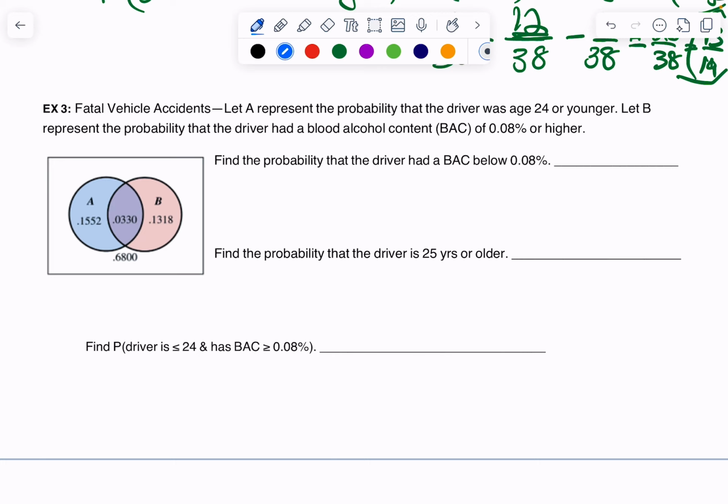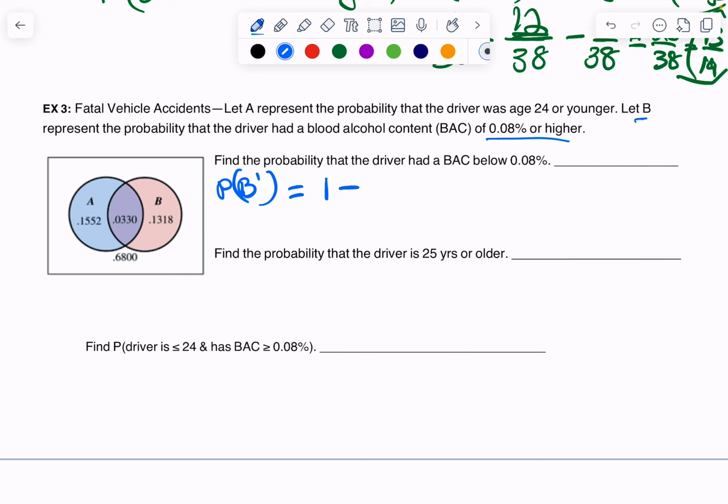Find the probability that the driver had a blood alcohol content below 0.08%. So B represents the probability when it is 0.08 or higher. So we are looking for the complement of B. So 1 minus, that's how we calculate the complement.